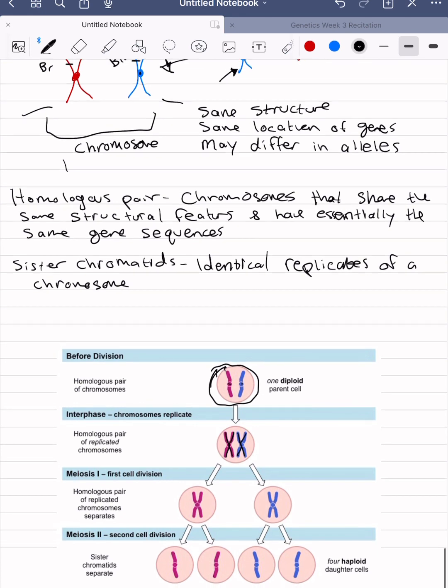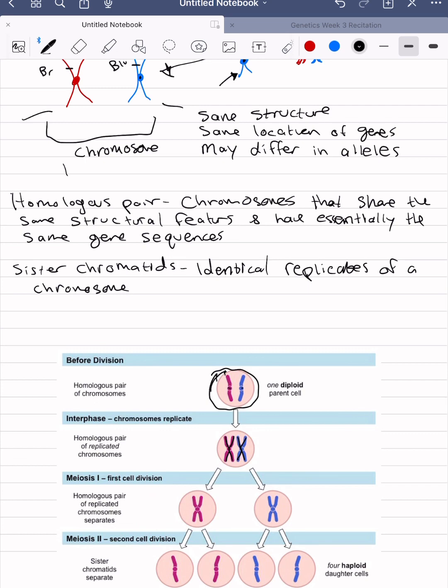Then you have meiosis 1, and within meiosis 1 you have the same steps as mitosis, which have interphase, and then you go through the process of prophase, metaphase, anaphase, telophase, and you have cytokinesis. So what happens is, the homologous pairs line up next to each other, and they're split.